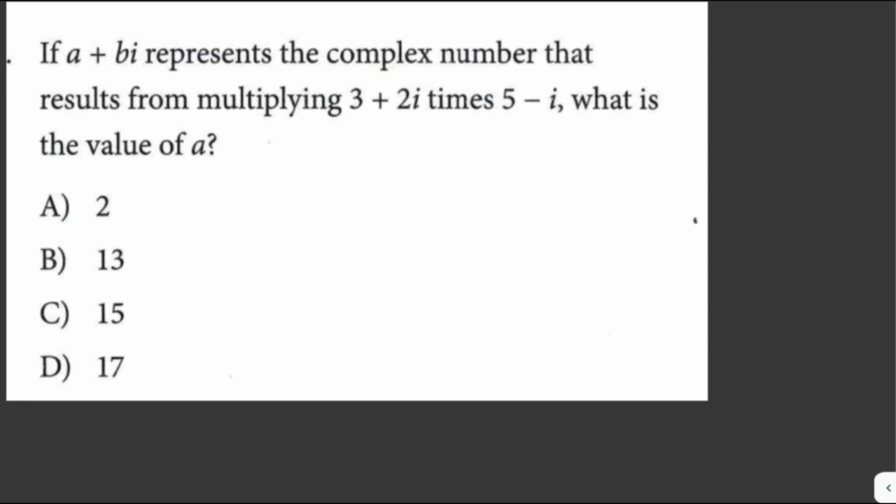If a plus bi represents the complex number that results from multiplying 3 plus 2i times 5 minus i, what is the value of a? So multiplying two complex numbers is just the same as multiplying two binomials using the FOIL method.